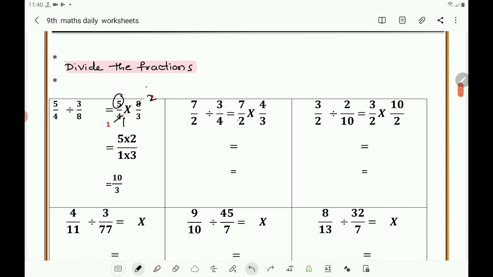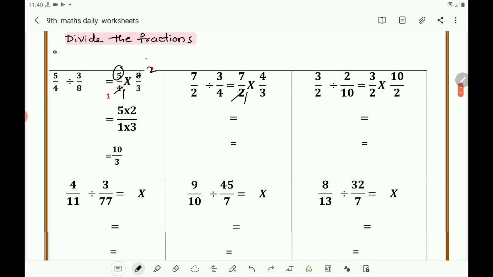And then take the reciprocal of 3 by 4. What is the reciprocal of 3 by 4? The reciprocal of 3 by 4 is 4 by 3. Interchange the numerator and denominator. Now here you can cancel, 2 ones are 2, 2 twos are 4. Then in the numerator 7 into 2. In the denominator 2 into 3.